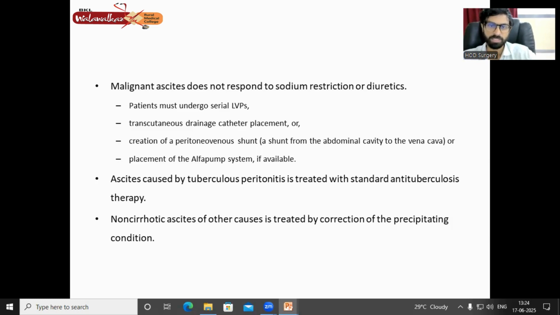These patients usually require serial large volume paracentesis. They can require transcutaneous drainage catheter placement or creation of a peritoneovenous shunt, a shunt from the abdominal cavity to the vena cava, or placement of the alpha pump system if available. Ascites caused by tuberculous peritonitis is treated with anti-tubercular therapy, and non-cirrhotic ascites of other causes is treated by correction of precipitating conditions.